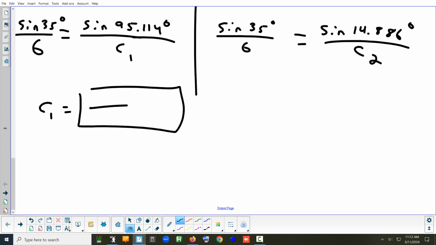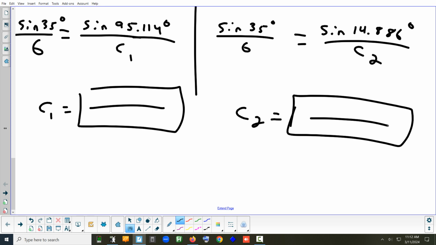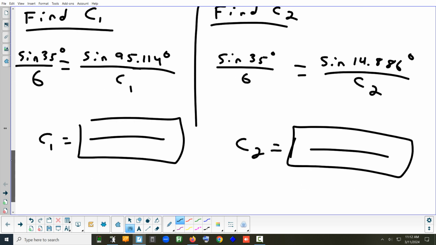Okay, so let's write our answer, C1 and C2. What is C1 going to be? You don't have to give me the decimal, just what times what divided by what. Okay, cross multiply.